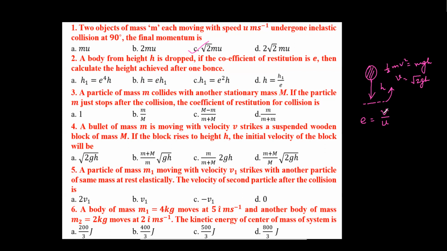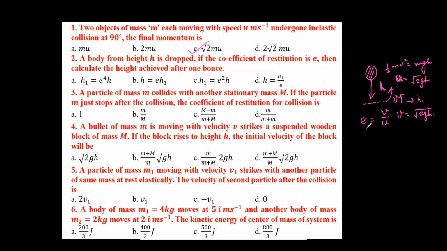So when it rebounds, let's say this is the initial velocity as it strikes here, and when it bounces back, let's say this is the final velocity. The height reached in rebounding is h1, and the height it fell in the initial case is h. Then the velocity with which the object bounces back is v equals under root 2g h1.